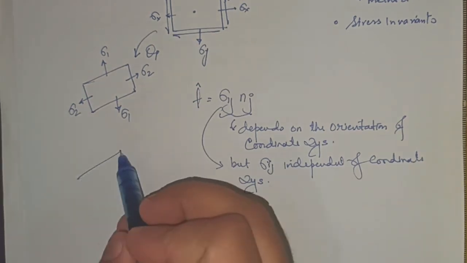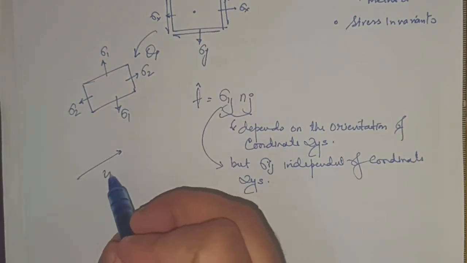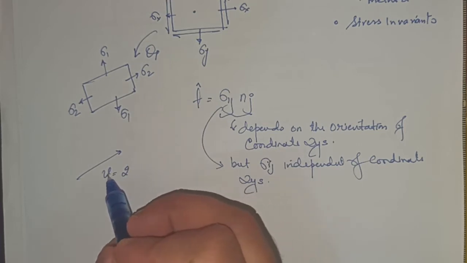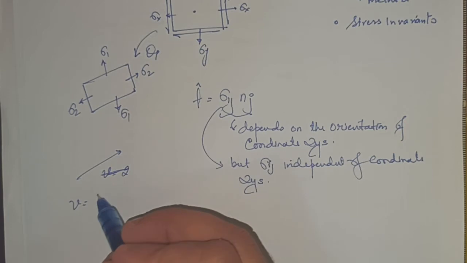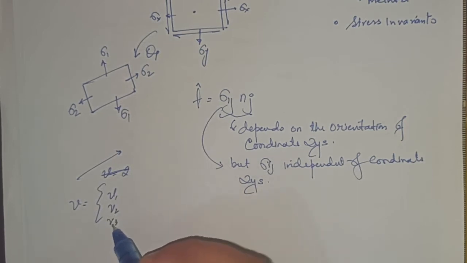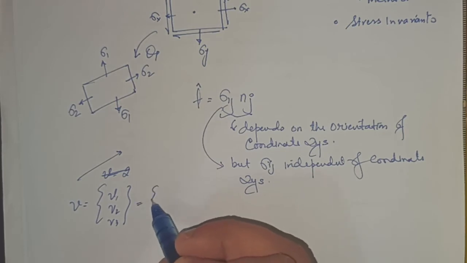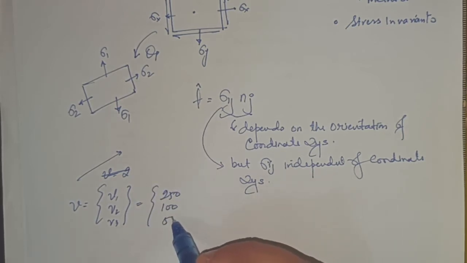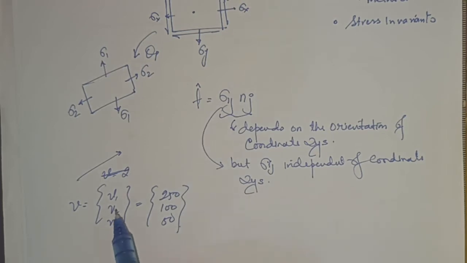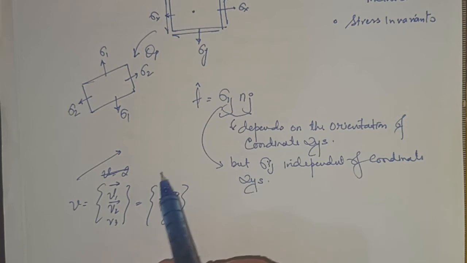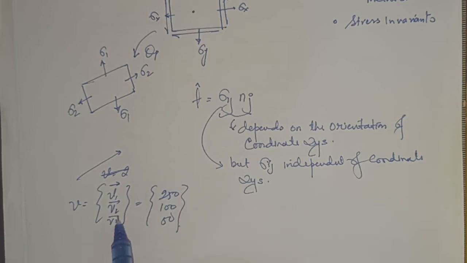This is similar to having a vector v, which has three components: vi, v1, v2, v3, and the magnitudes of these components, let's say, are 250, 100, 50. The dependency is only on the direction. This acts along the x, this acts along the y, and this acts along a particular z direction.